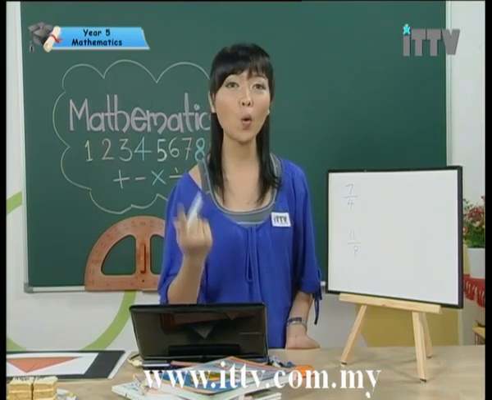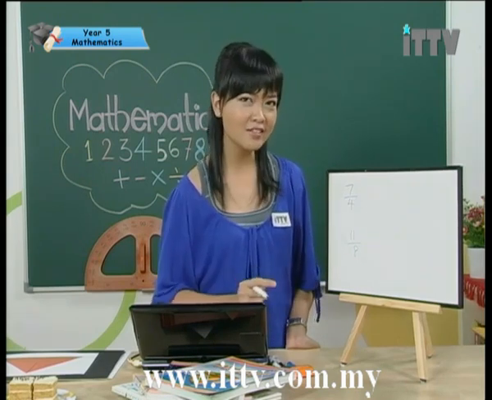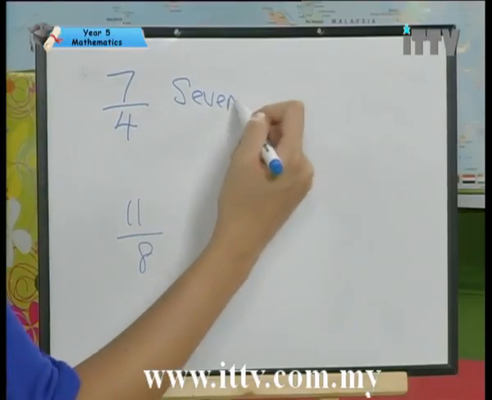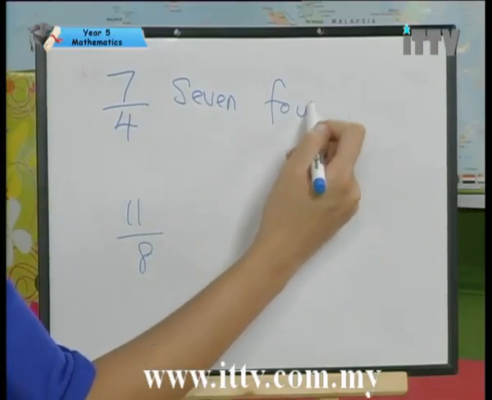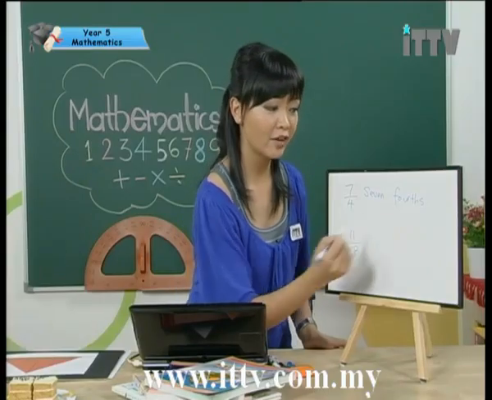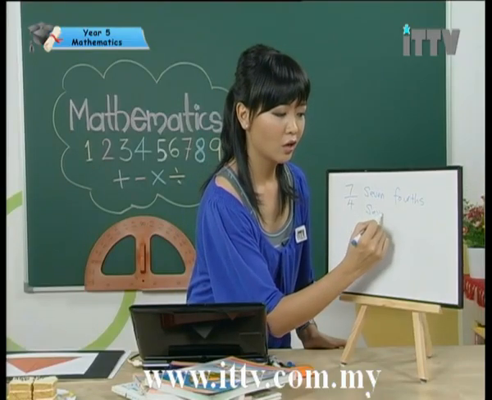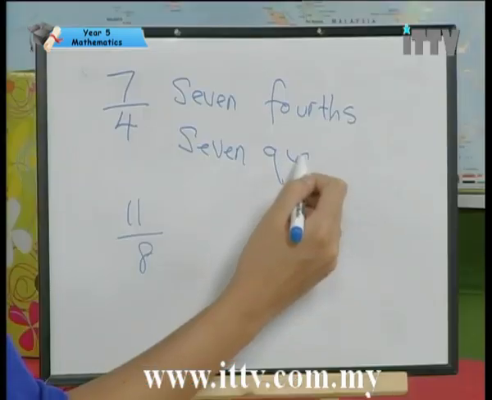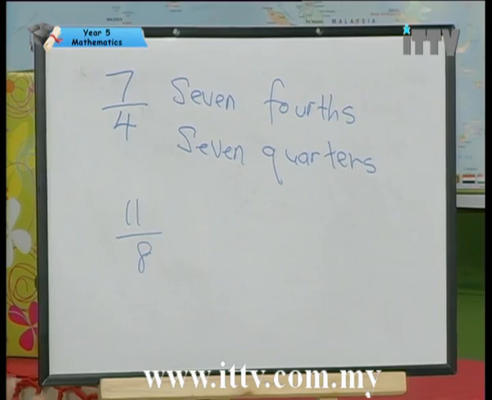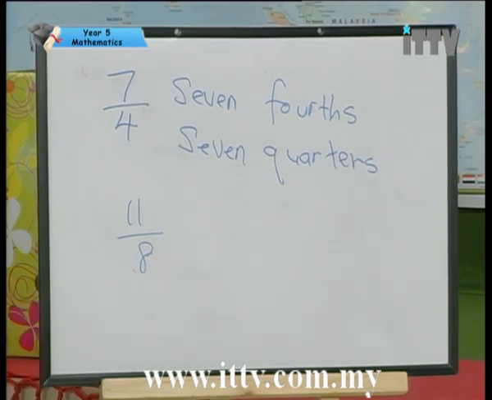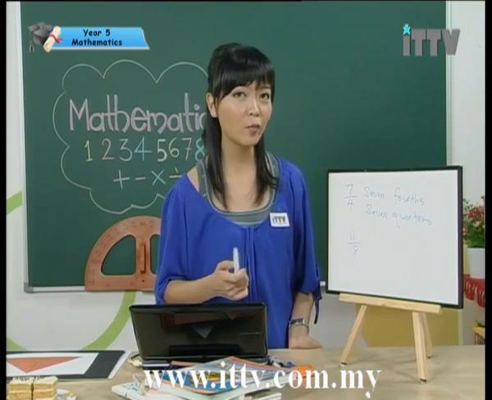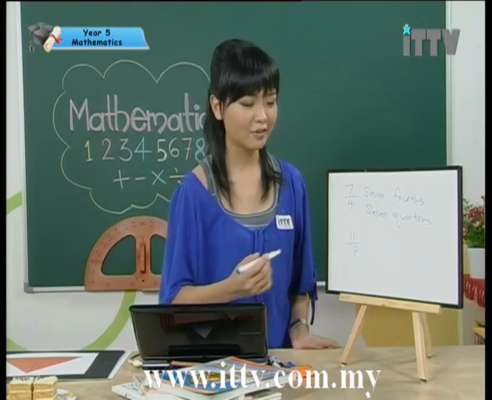Sometimes we call it a quarter. So if we have 7 pieces of it, it will be 7/4. Or we can also call it 7 quarters. Now what if there are 8 pieces that make up a whole? So we call it eighth. Or no, there are more than 1 piece. So 11/8.